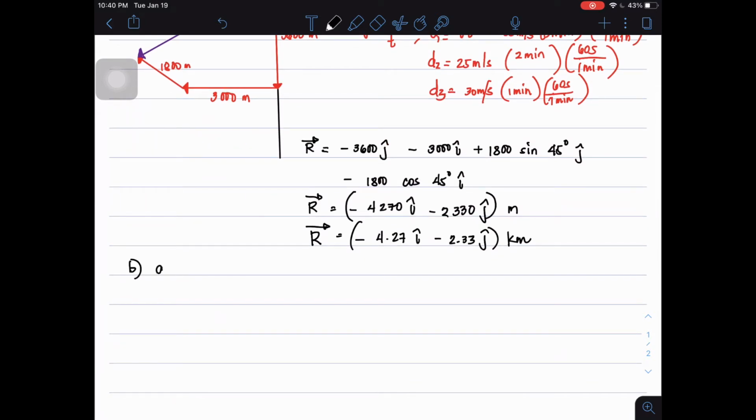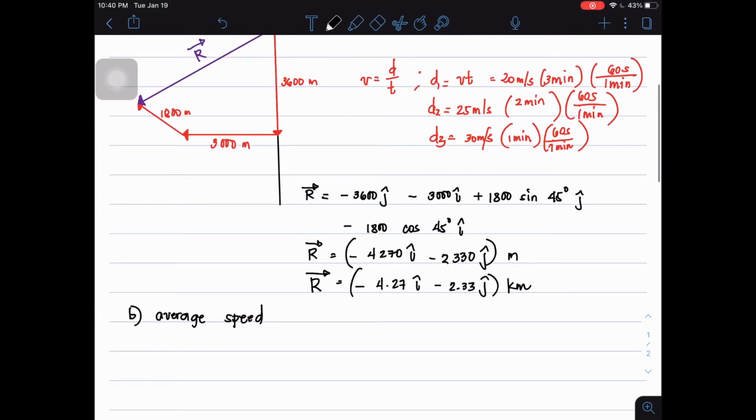Letter B, for the average speed. So here is our working formula. But before that, we need to compute first the total distance traveled.